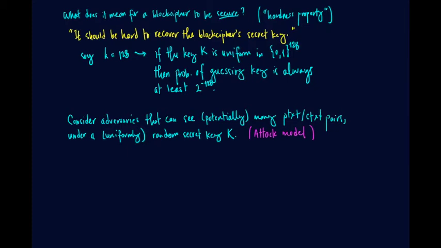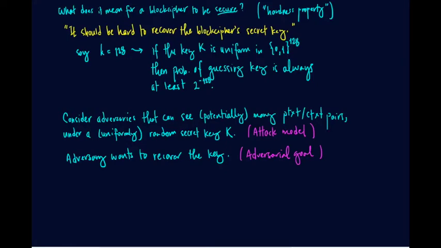Then the goal is that the adversary wants to guess the key with probability better than just guessing the uniform key. The adversary wants to recover the key, and we can think of this as the adversarial goal. So we're getting closer to having a real security notion for block ciphers: the adversary gets to see plaintext-ciphertext pairs under a uniformly random secret key K, and it wants to recover the key.